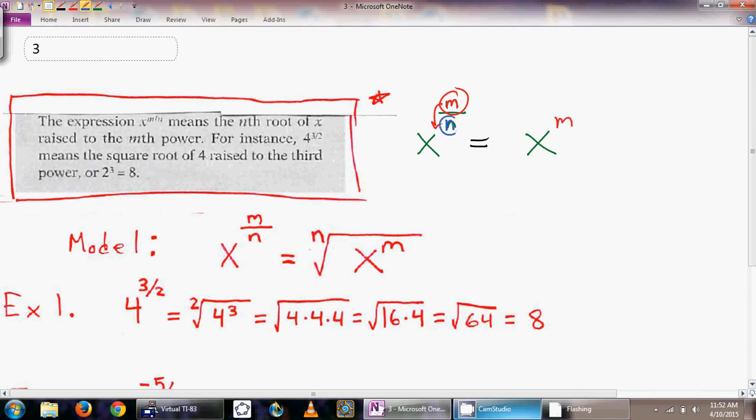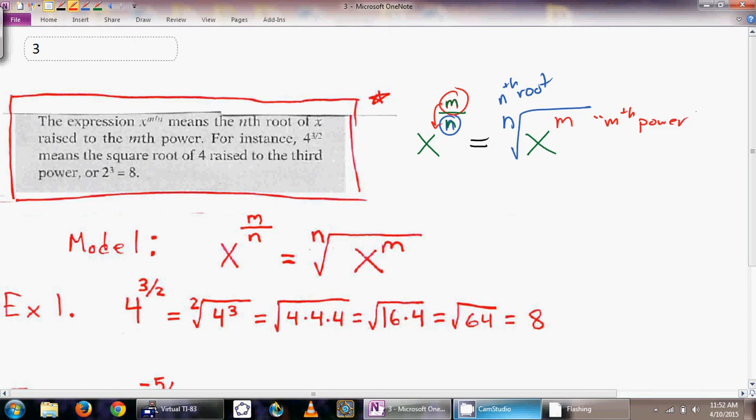And then the denominator, the n, well, that's going to come out on the radical. Whenever you have a fraction, it's a radical, and it's saying, oops, I inherently did that. Put this to the nth root. This is pronounced nth root, and then this is pronounced mth power.